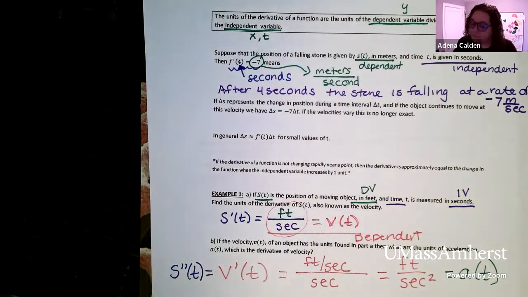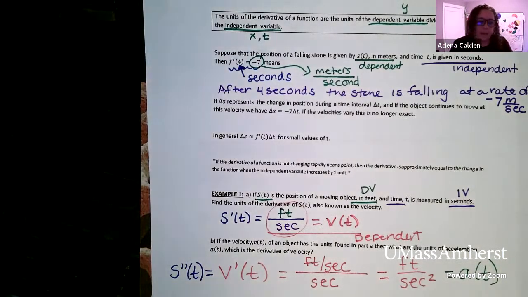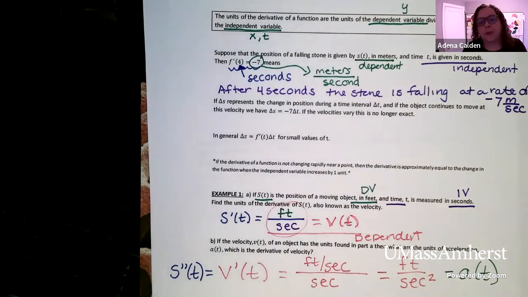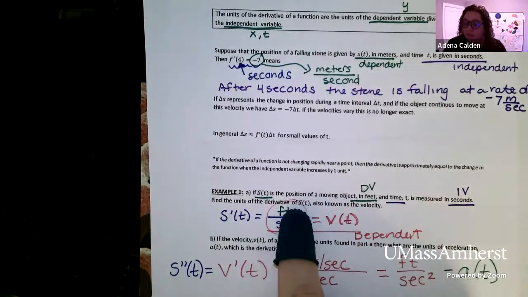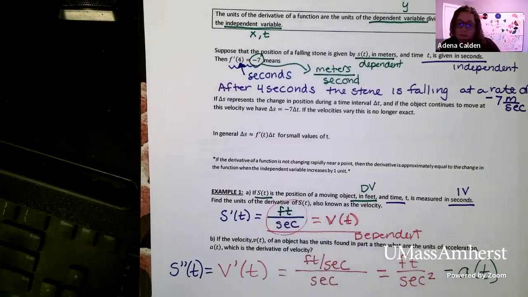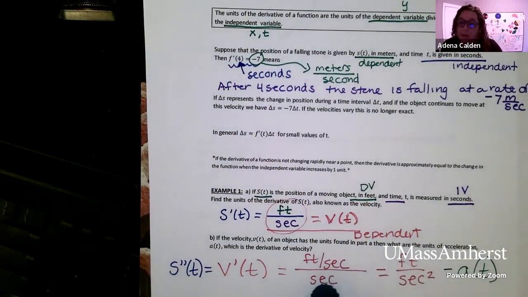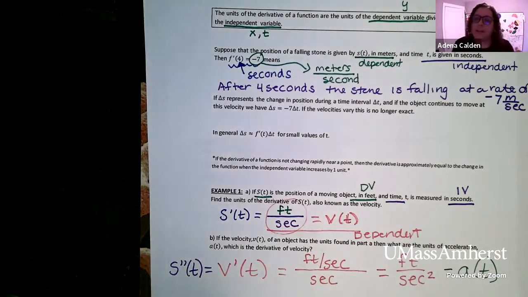So again, the original function was position. So that's something like 10 feet, 20 feet, 30 feet, whatever it may be. The first derivative of that is velocity, which is how quickly your position is changing. So we change by 10 feet per second, or 5 feet per second, or 9 feet per second, right? And then if we take the derivative of the velocity, we get something in feet per second squared, which is acceleration.